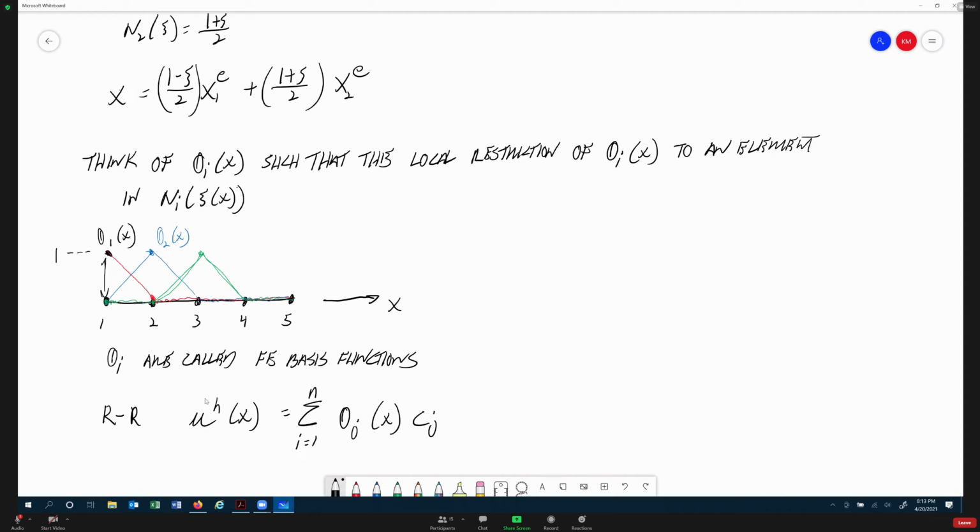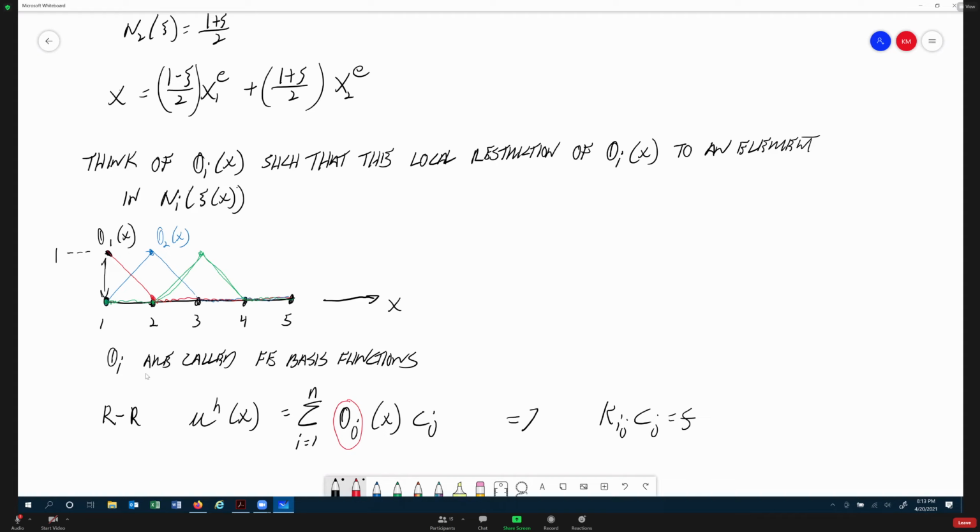We started with this whole thing, and that led us down this path where we ended up with K_ij C_j equal to F. So this basis function right here, what we're saying is either 1 or 0, depending on what node we're on.